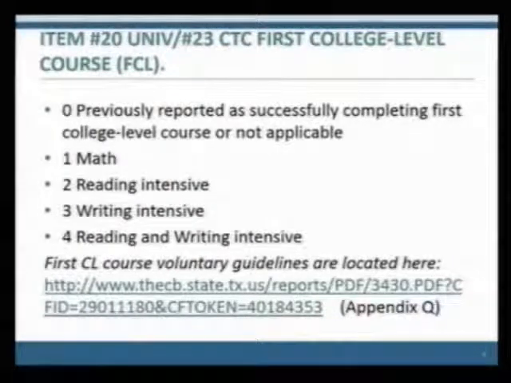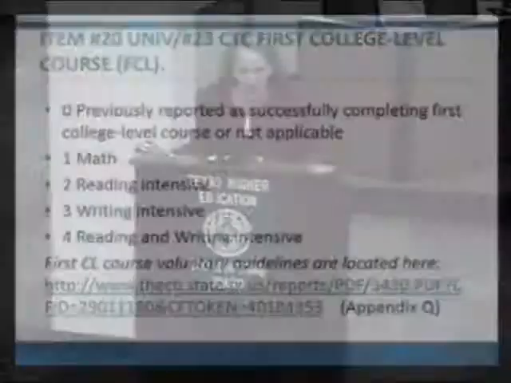For those of you who aren't aware, there are some voluntary guidelines related to first college level courses that were developed by a task force that came to the coordinating board. I think almost all the institutions in the state were represented, and they did a lot of good work. So if your institution is struggling with what courses should fall under that first college level course umbrella, there are guidelines available, and they're in the manual in Appendix Q.